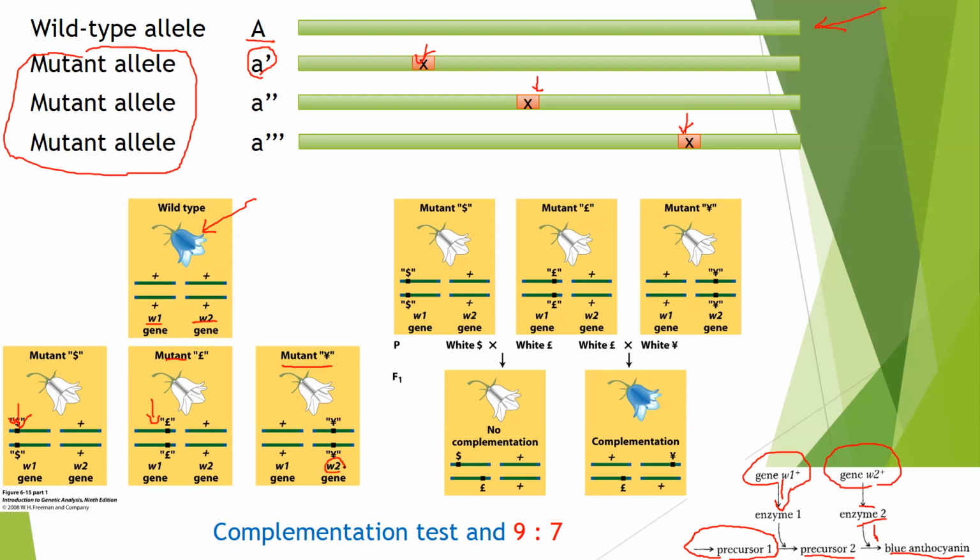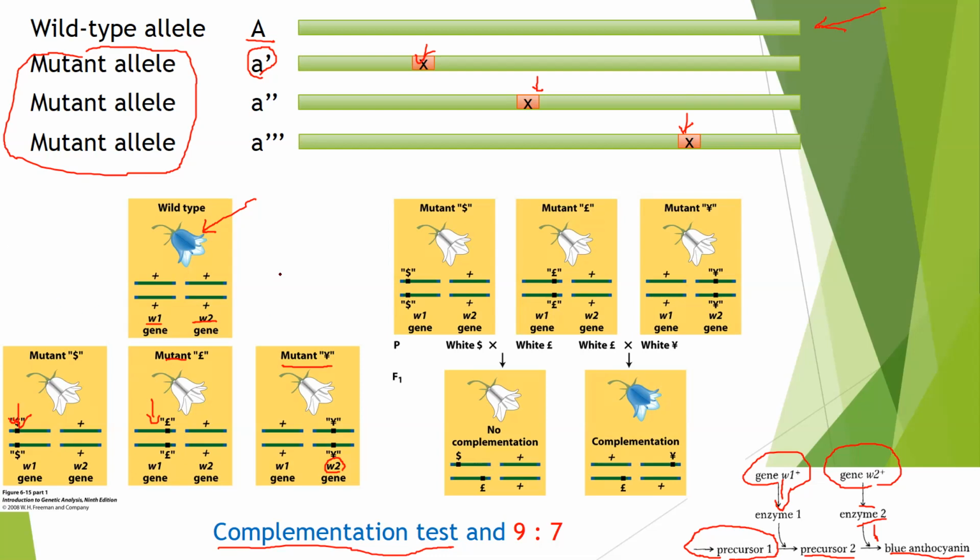So different allele, different mutant. Now if we do the complementation test, we have learned this before. I hope you still remember what the complementation test is, and in what situation we're going to use this tool to help us dissect the genetics of the mutation.